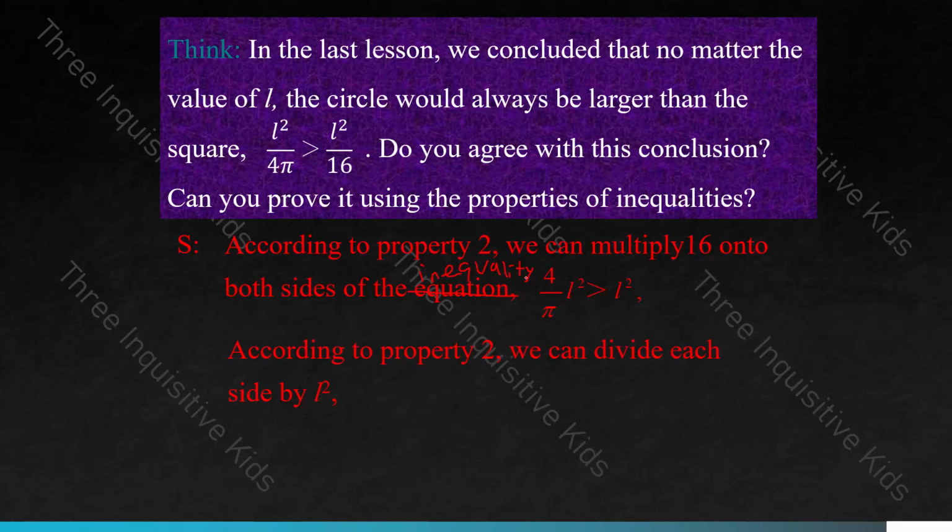According to property 2 again, we can divide each side by L squared, giving us 4 over pi is greater than 1. And since the previous expression is an identity, therefore L squared over 4 pi is greater than L squared over 16. Which means that this is how you prove this conclusion using the properties of inequalities.